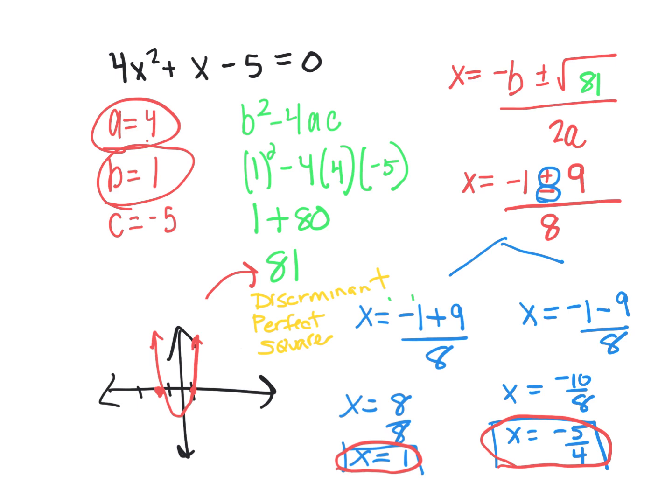And so if you would have noticed at the beginning that this problem factored, and if you are good at factoring where the a value doesn't equal 1, that may be an option for you. So that's where we're going to transition to next week, looking at problems and determining which method to use.